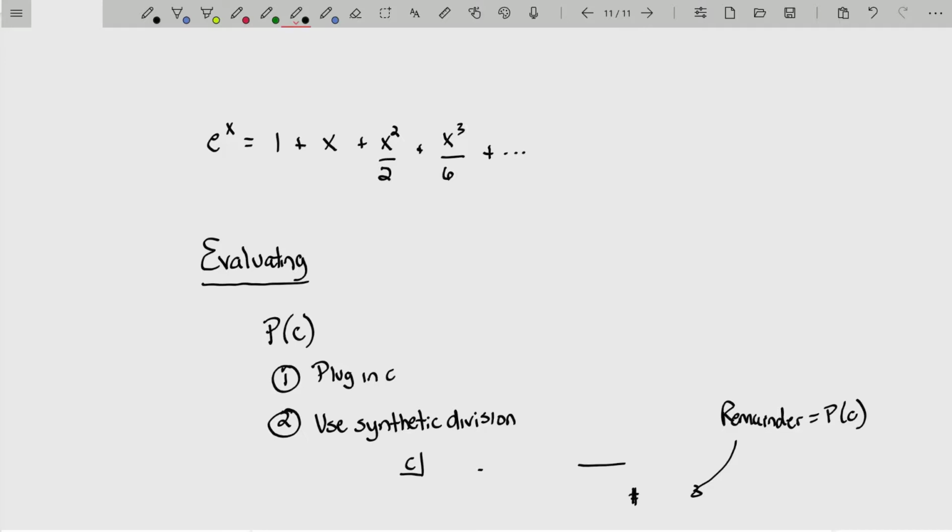Each time you evaluate a polynomial, you actually find several pieces of information.